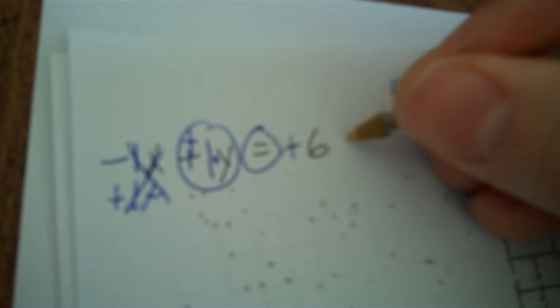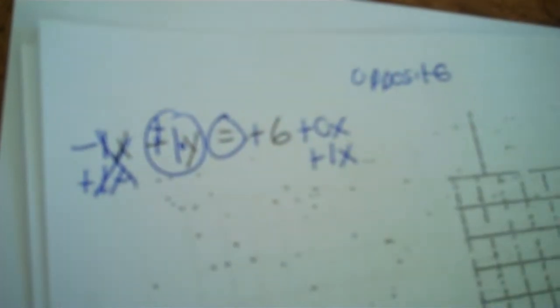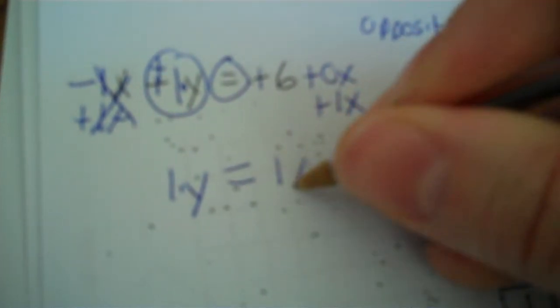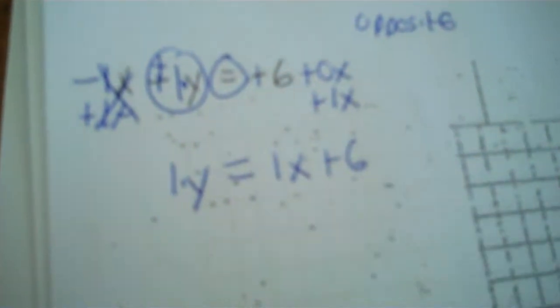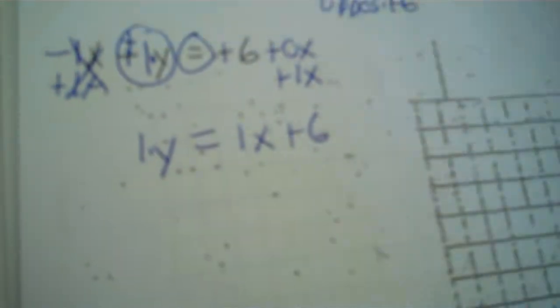So you add 1x. There's no x over there, so we create a 0x and we add 1x there. Okay. So we have 1 times y. It's going to be 1x plus 6. You got to put the x's before the numbers without x. Otherwise, your MB alignment is messed up.